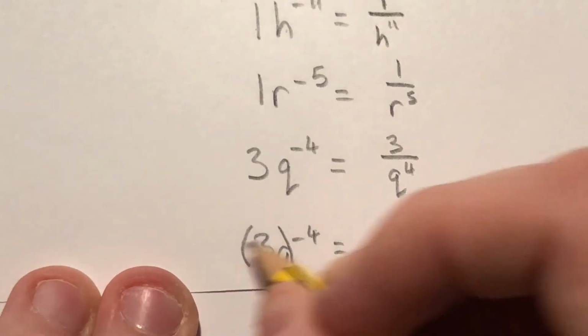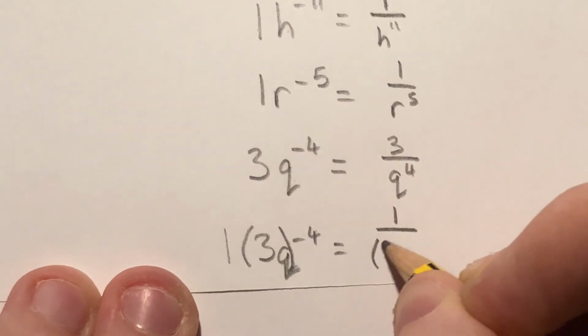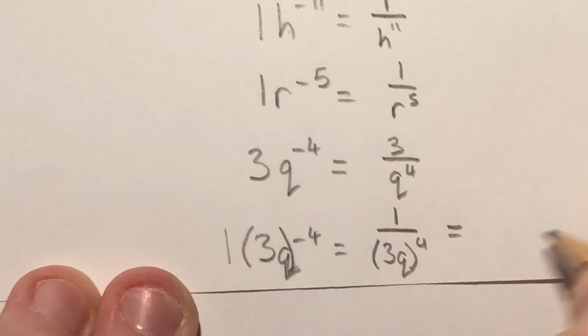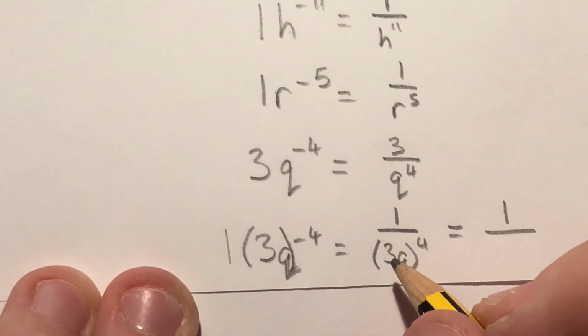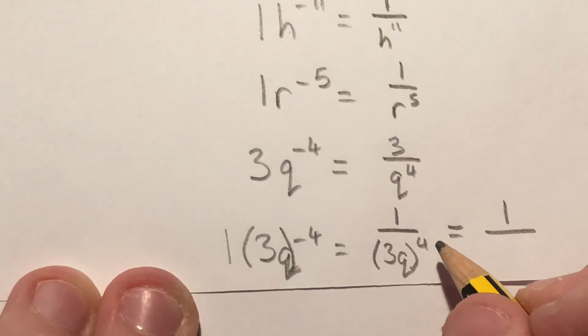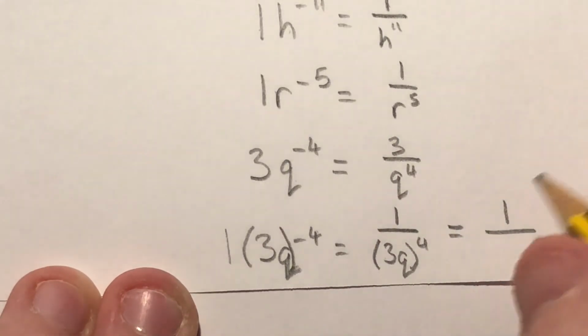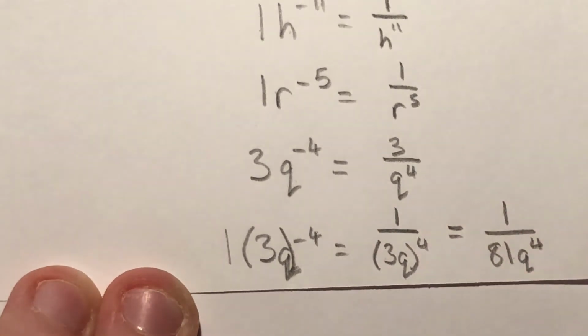So this is one lot of that. So we've got 1 over 3q all to the power of 4. Or if you want, 3 to the power of 4, well, 3 times 3 is 9, times 3 is 27, and times 3 a fourth time gives us 81, q to the power of 4.